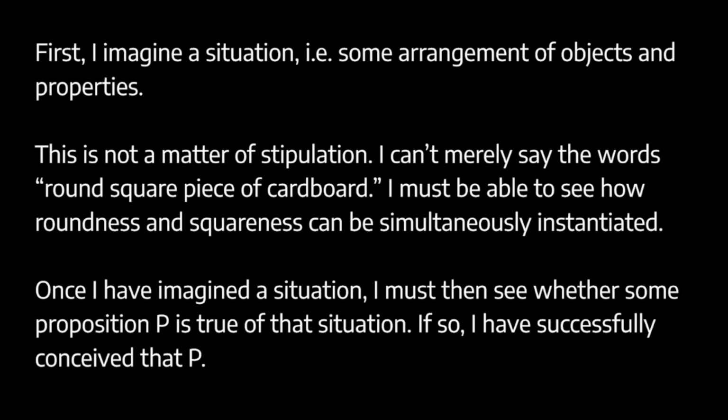I can get a blue square, I can get a square and paint it blue, but how do I fit together a square and then make it round? But I have to actually do that. Then, after having arranged the objects and properties in that way, I have to determine whether some proposition P is true in that world. And if I've done that, then I've conceived that P. So to say that P is conceivable is to say I can imagine a world that I take to verify that P. That's the basic idea.